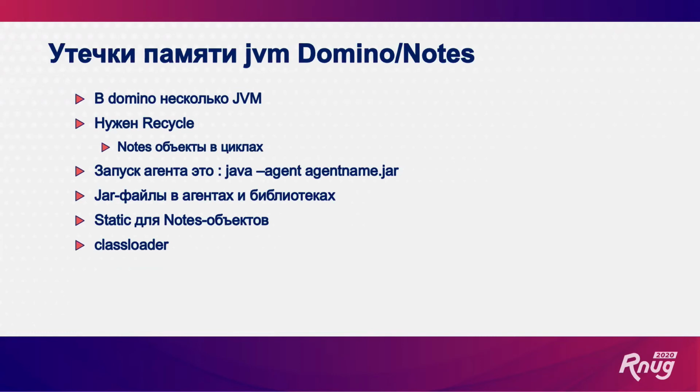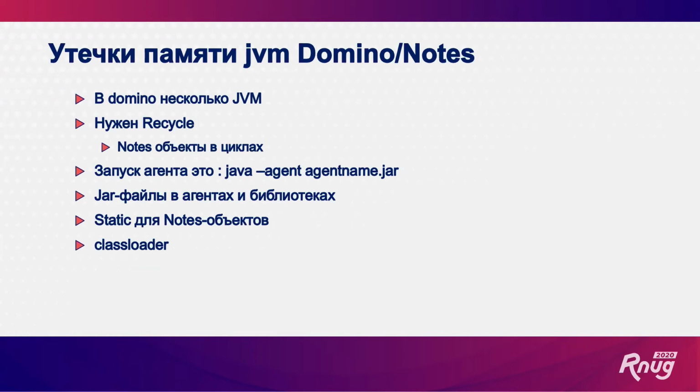So neither agents nor libraries should contain jar files. It will result in data leaks, because every time you launch, all the jar files that are included in the agent library will be loaded again, because this is about start and stop of a Java machine. And well, you have external libraries and you can't be 100% sure.